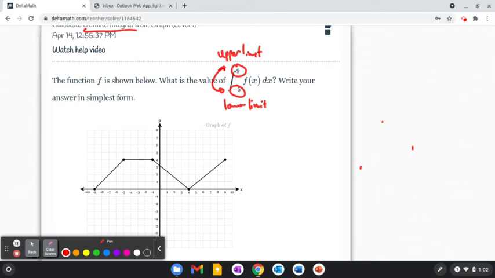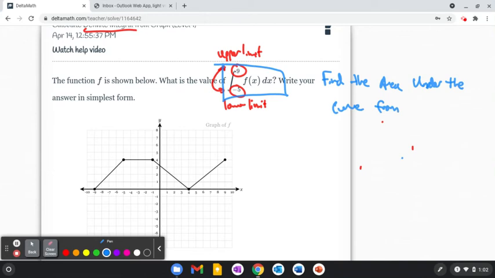So what this integral says as a whole is that it wants you to find the area under the curve from x equals -5 to x equals 9.